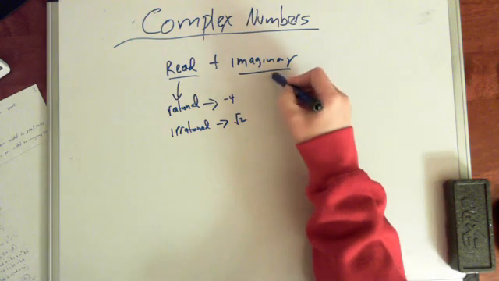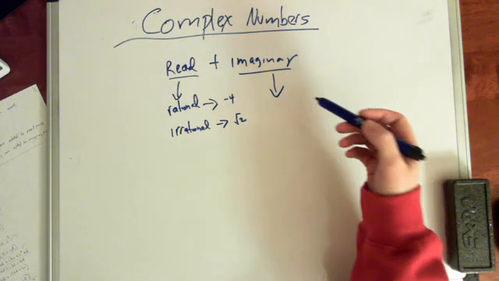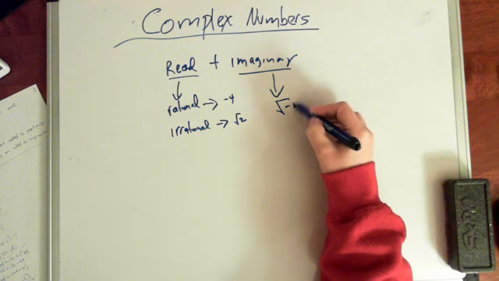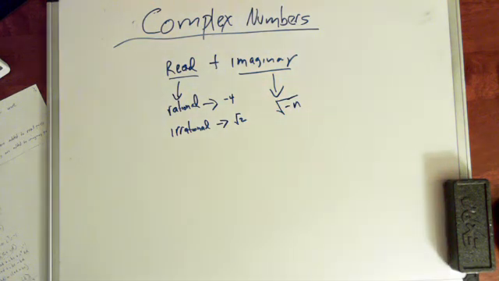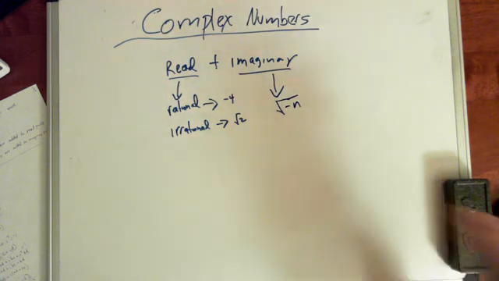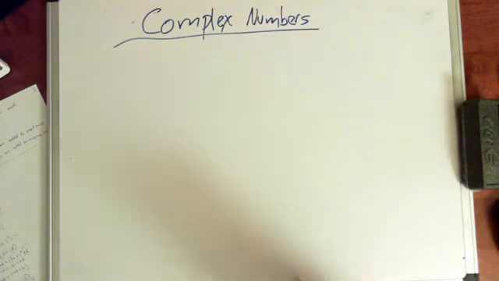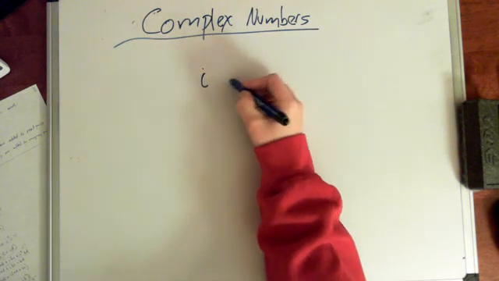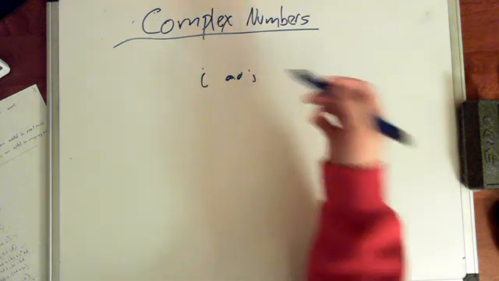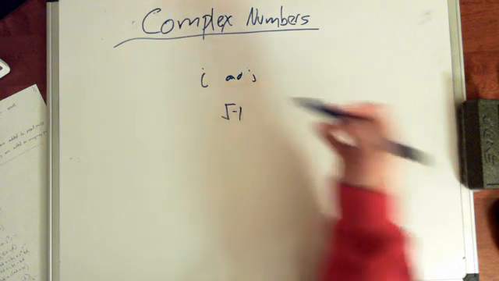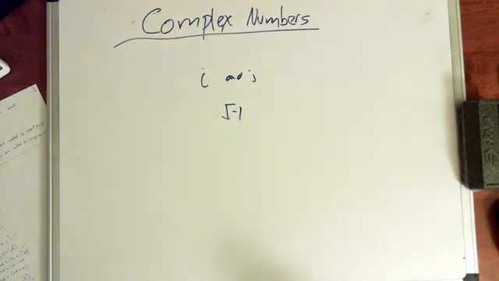So what are imaginary numbers? Imaginary numbers are simply the square root of a negative number. One of the things normally used to express an imaginary number, you'll see a lot of times, is i and j, and these are both used to represent the square root of -1.